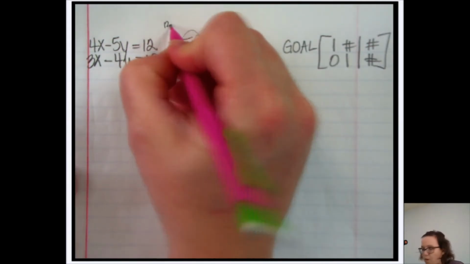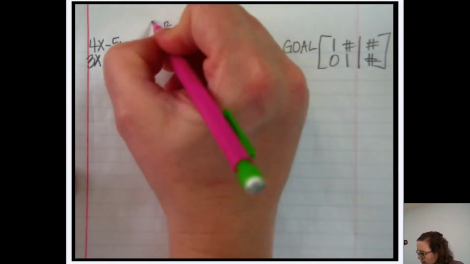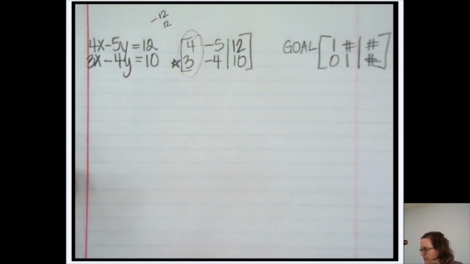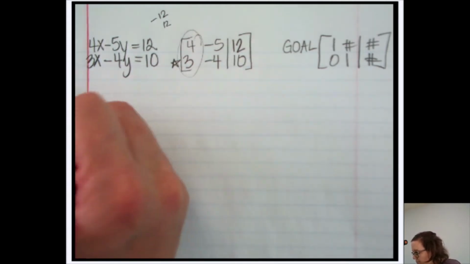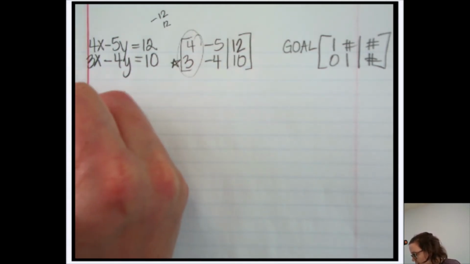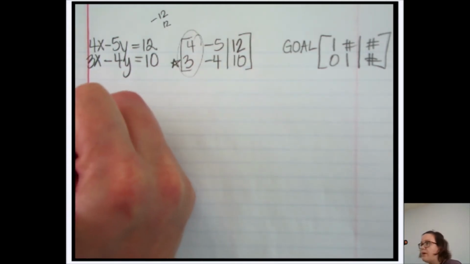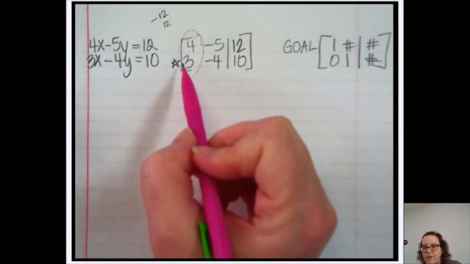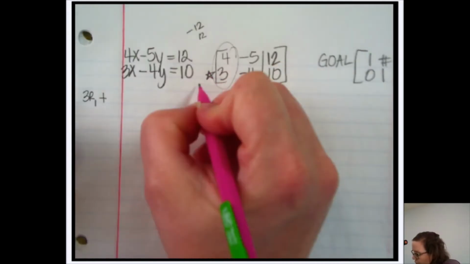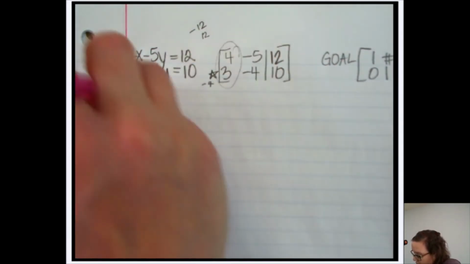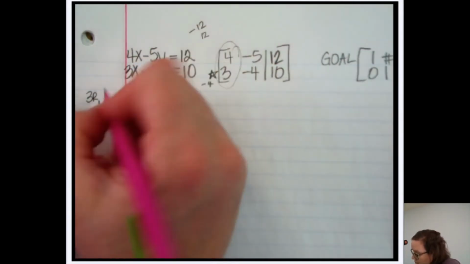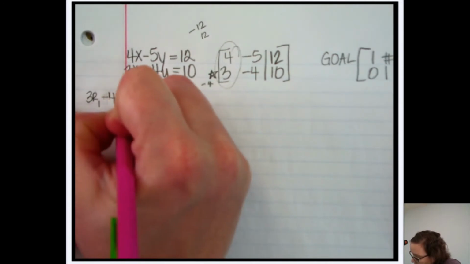They could make a 12. So we need a 12 and a -12. So I'm going to multiply my top one by 3, so 3 times row 1. And then I'm going to multiply this one by -4, so row 2 by -4.